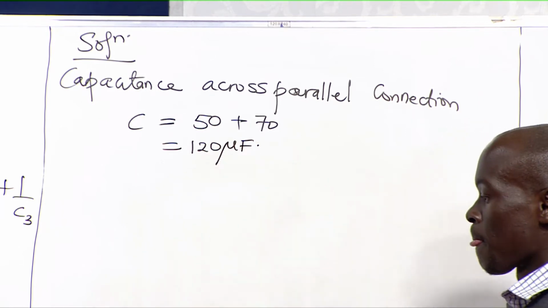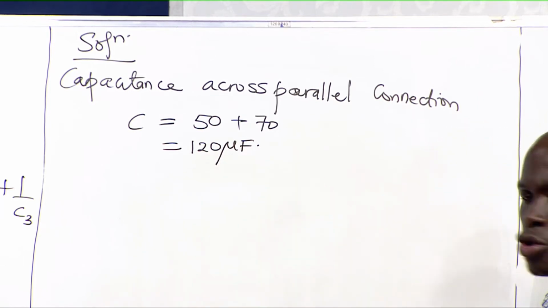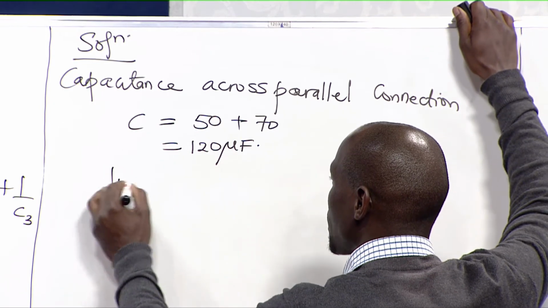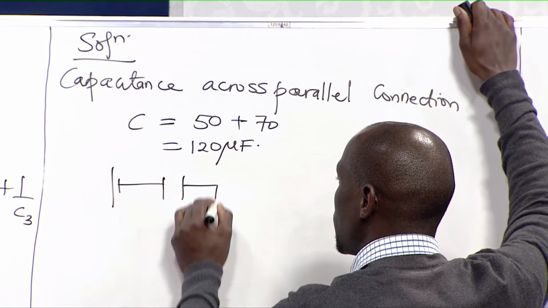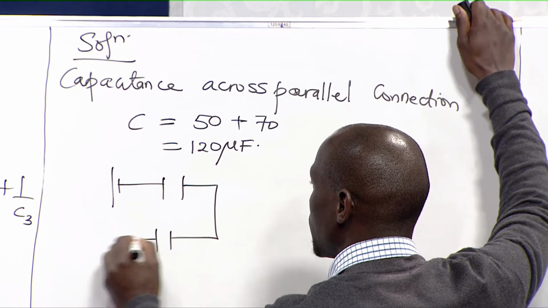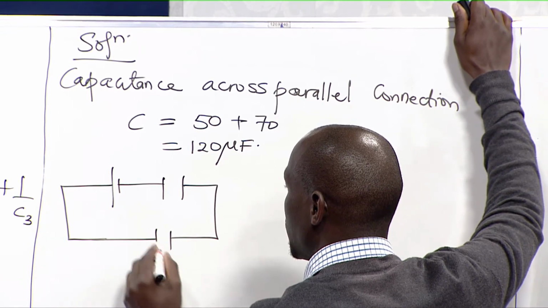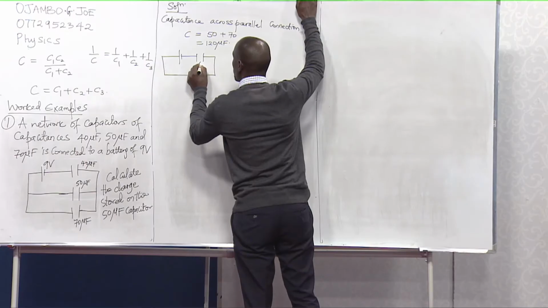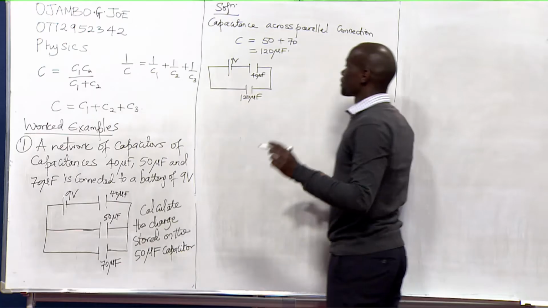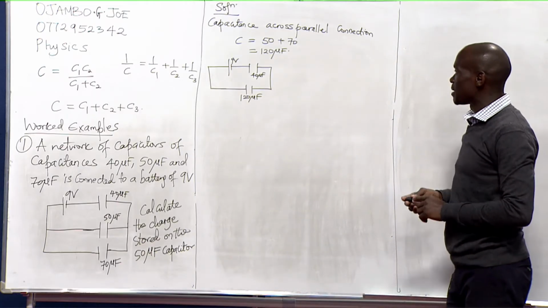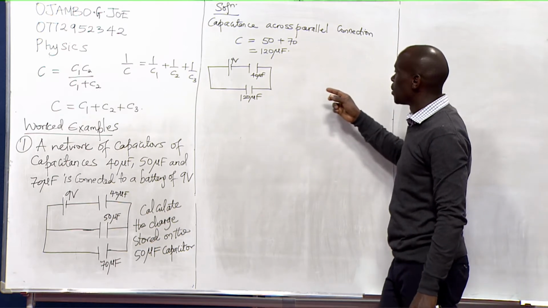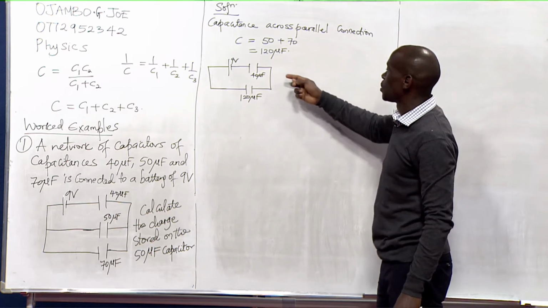Now, if I draw something very simple, you'll discover that our circuit now reduces to something like this. This is 120 microfarads. This is 40 microfarads. This is 9 volts. So how does this help? This helps us get the total charge.